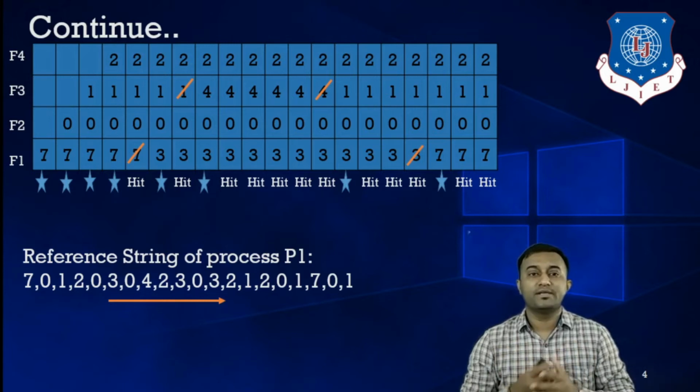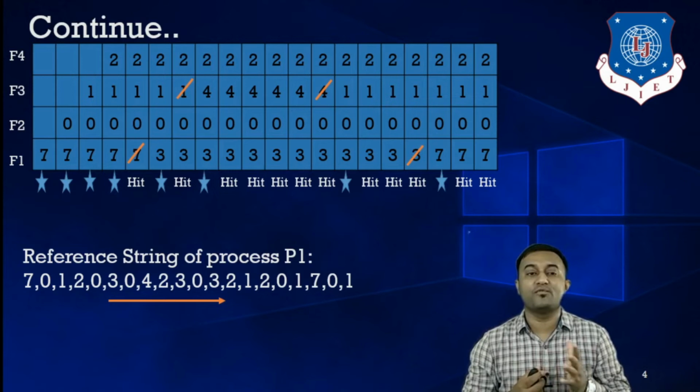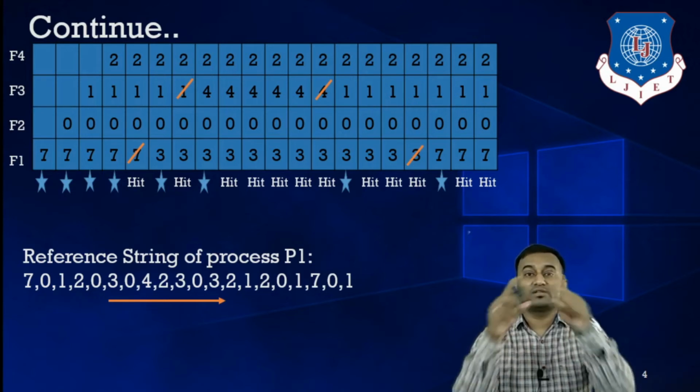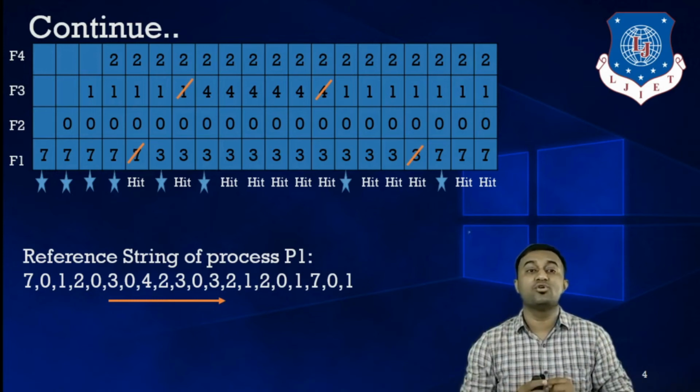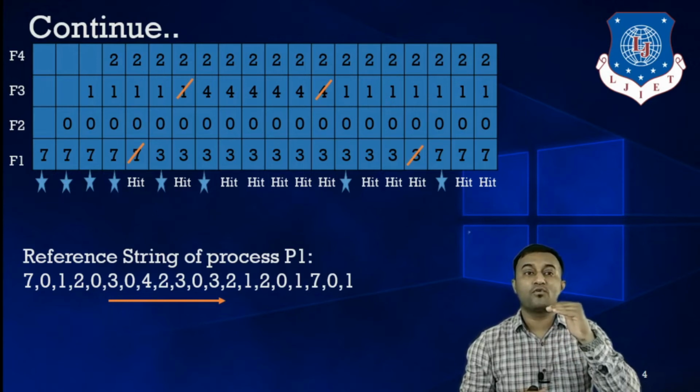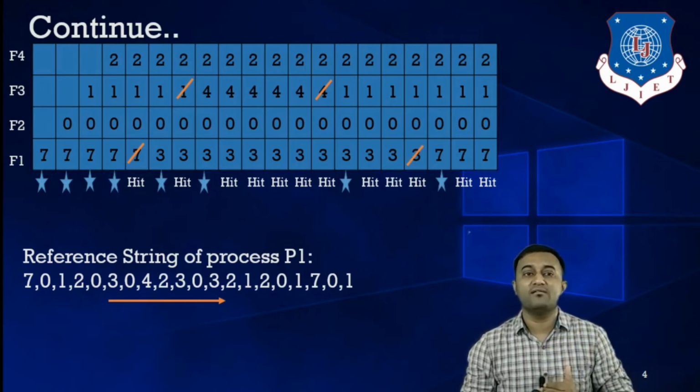Let us start with the first page in order. We are fetching page number 7, which is required by the CPU for execution, so we will fetch that page from the secondary memory and put it into main memory. As I told you in the last session also, you need to consider this table as the main memory, in which we have four fixed-size frames, and each frame contains a separate page number.